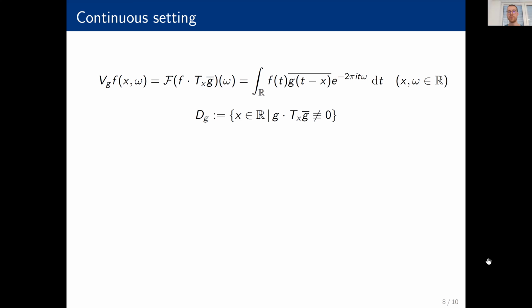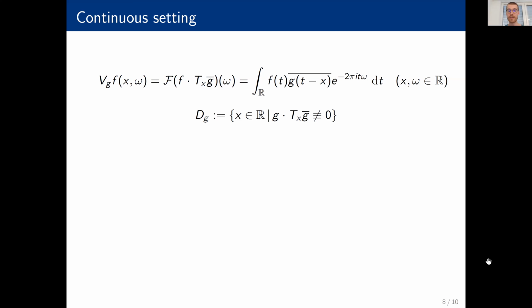So we're looking at the L2 support of F, which is then some fixed set, and then we can decide whether we can walk around this set by only using step sizes which are in DG. And what we would like to have is the same start as in the discrete setting.